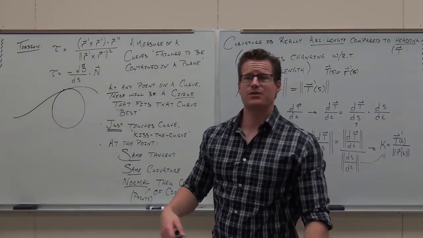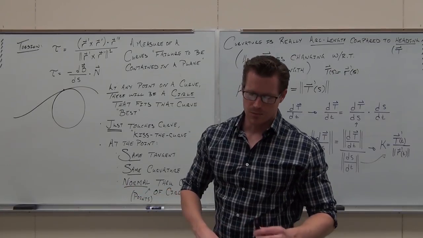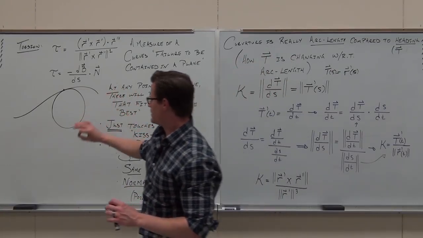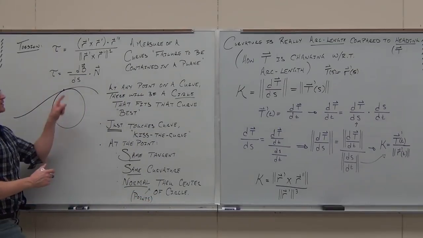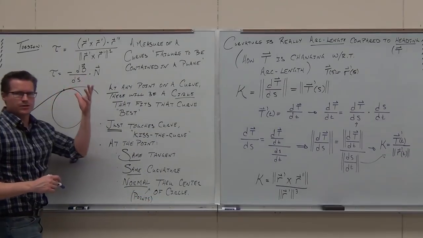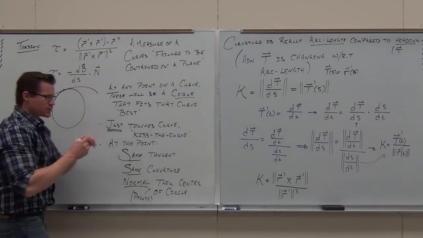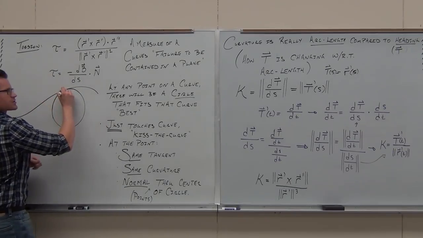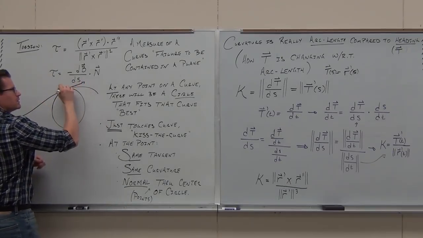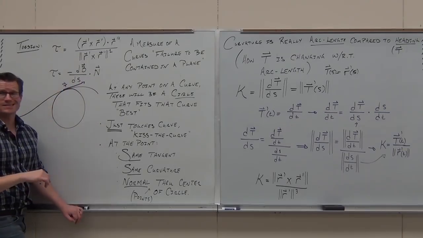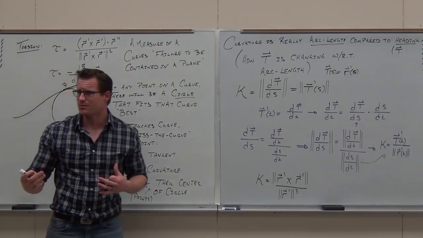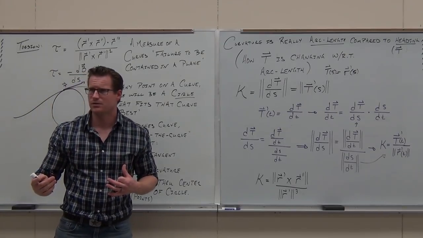Now we have some specific words for this circle. This circle that we're describing here, do you notice it's just touching? I'm not a good artist, so it's supposed to just barely touch. The tangent to this circle and the tangent to the curve at that point, it's the same exact tangent. Do you guys see what I'm talking about? Yes, no?